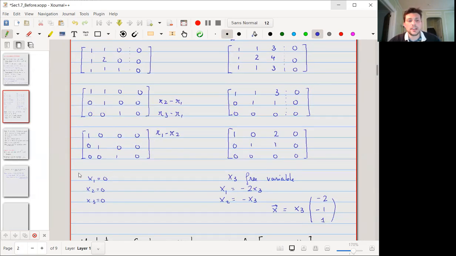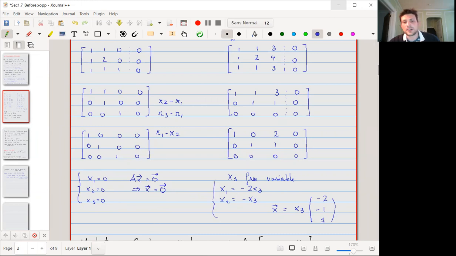What does this mean? In case S1, the only way that we can write the 0 vector as a linear combination of the columns of A is that the coefficients for the linear combination are all 0.